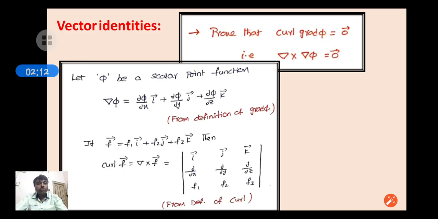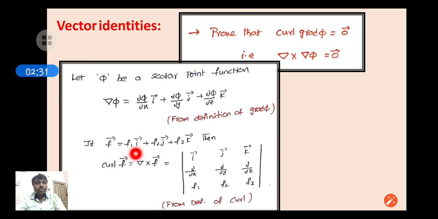Now I go through the definition of curl f bar. If f bar is a vector point function in component form, f bar is equal to f1 i bar plus f2 j bar plus f3 k bar, then I can write the definition of curl f bar.